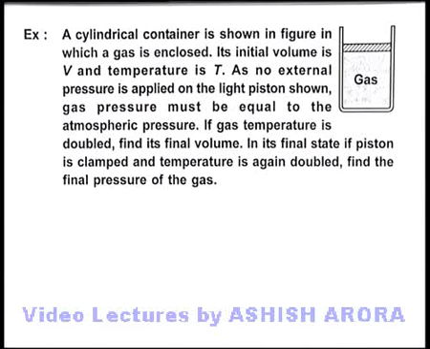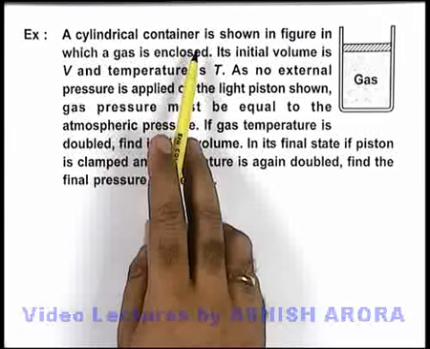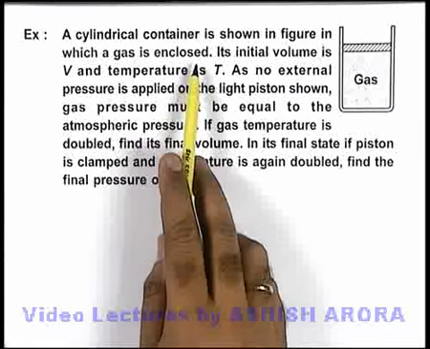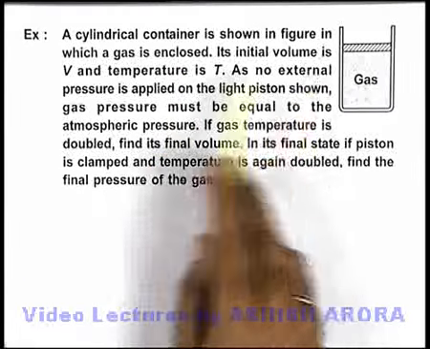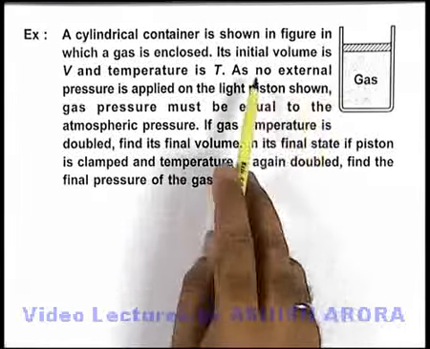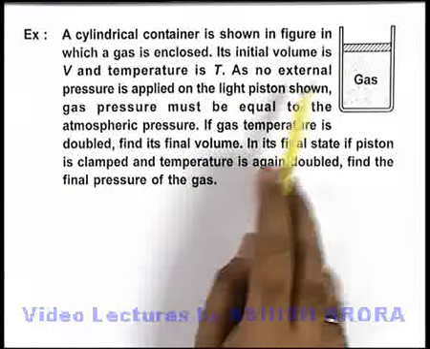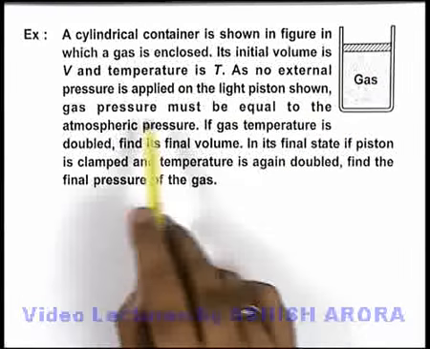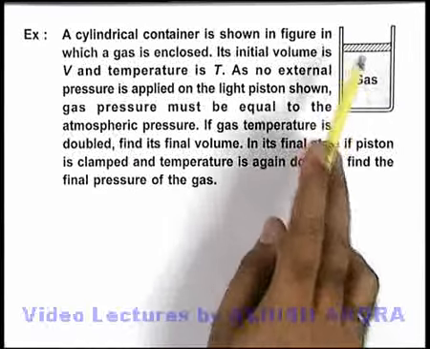In this example, we are given a cylindrical container as shown in the figure, in which a gas is enclosed, and its initial volume is V and temperature is T. As no external pressure is applied on the light piston shown, the gas pressure must be equal to the atmospheric pressure.